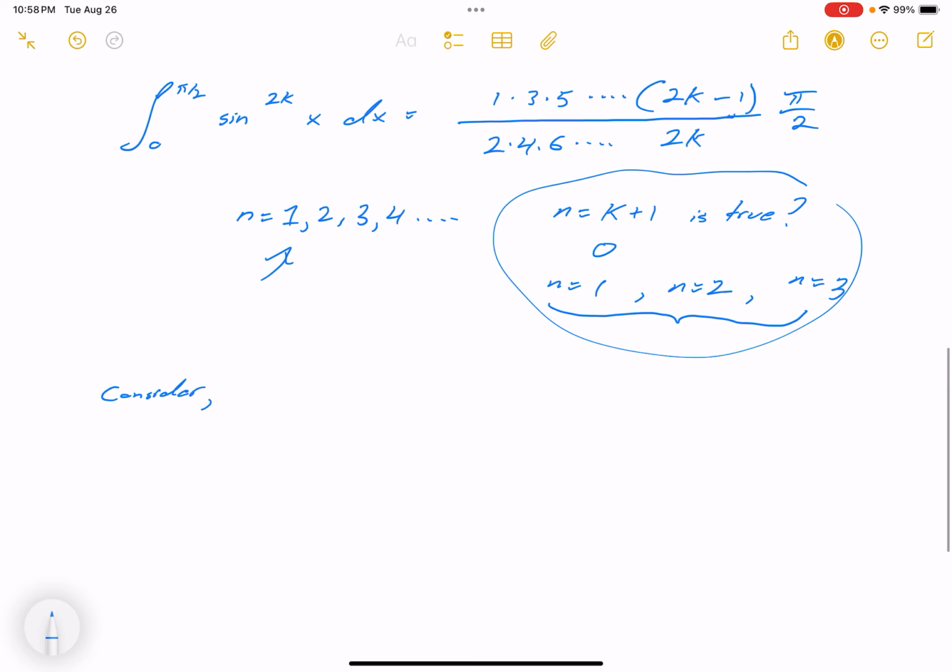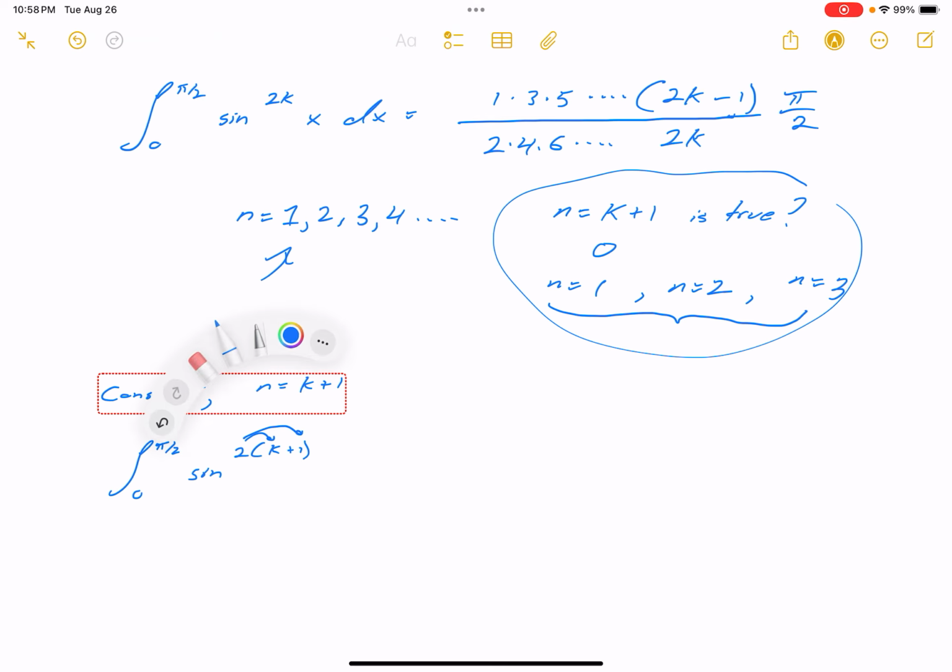When we add a 1 to k, consider the integral from 0 to pi over 2 of sine of 2 times k plus 1, when n equals k plus 1. Do your distribution.